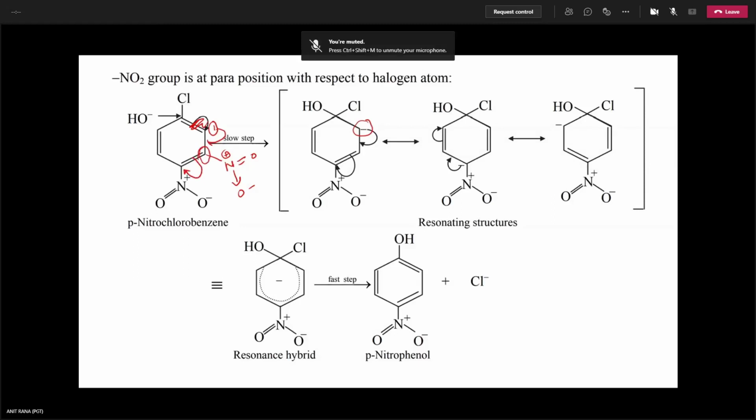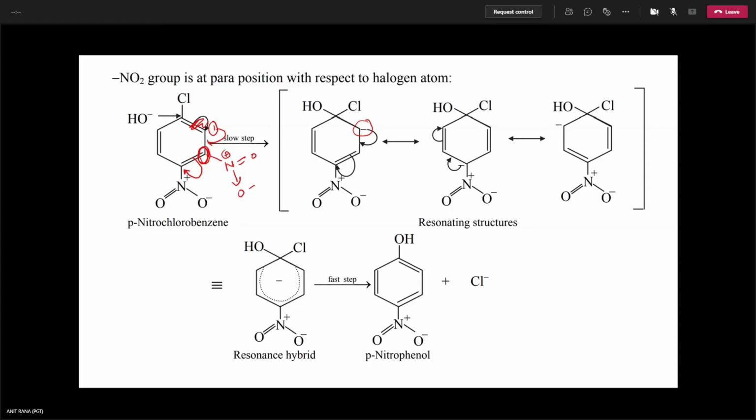So the carbon attached to the nitrogen at the meta position will not have the electron density, so it cannot stabilize it.